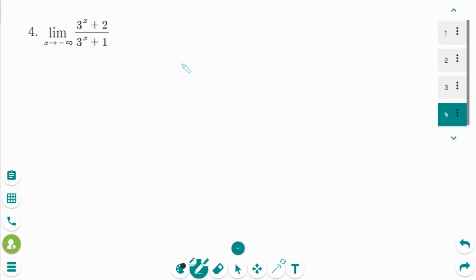The next question is this one. Some students think, oh, this question is the same as the previous question, but it's actually not. This is because as x approaches minus infinity, 3 to the power of x goes to 0. I will show you with the graph.